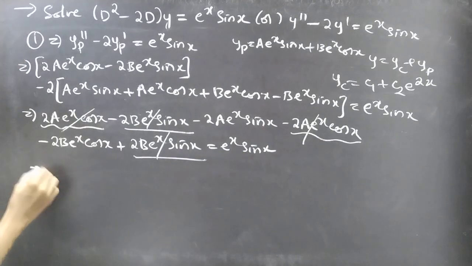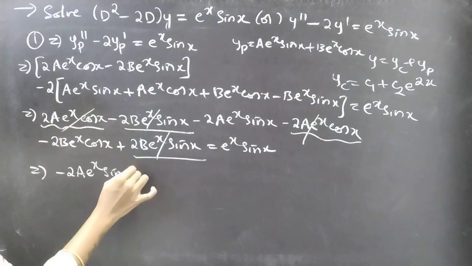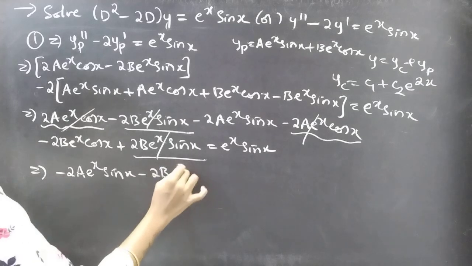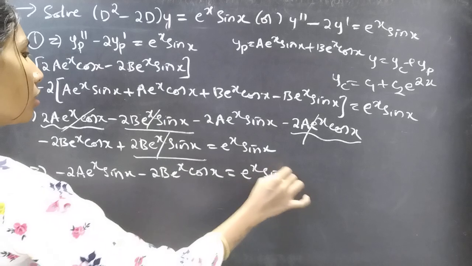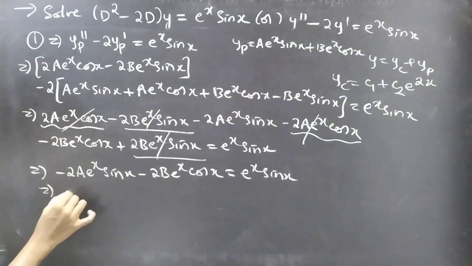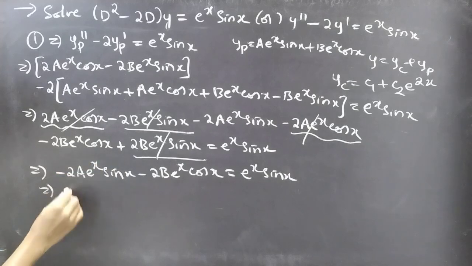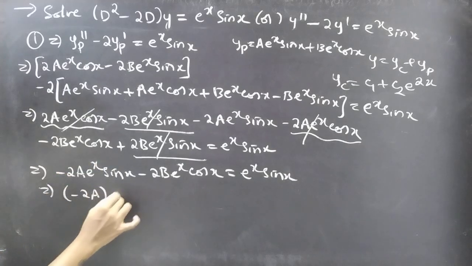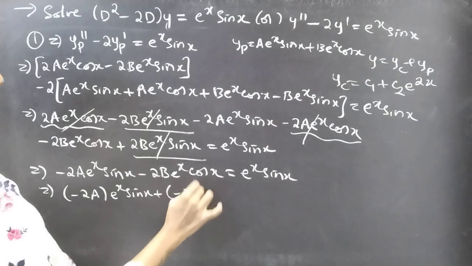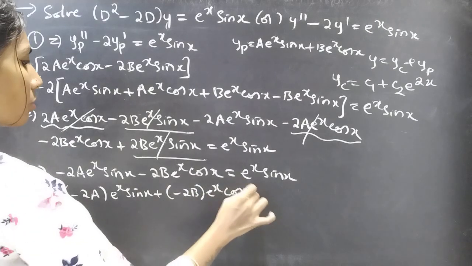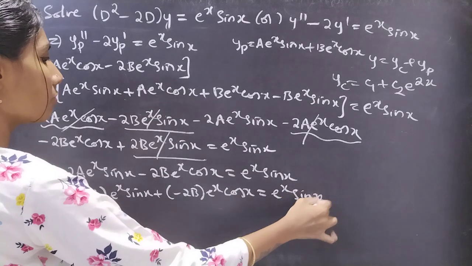It gives us minus 2a e power x sin x minus 2b e power x cos x equal to e power x sin x, or we can write this as minus 2a into e power x sin x plus minus 2b into e power x cos x equal to e power x sin x. Now equate the equations of like terms.